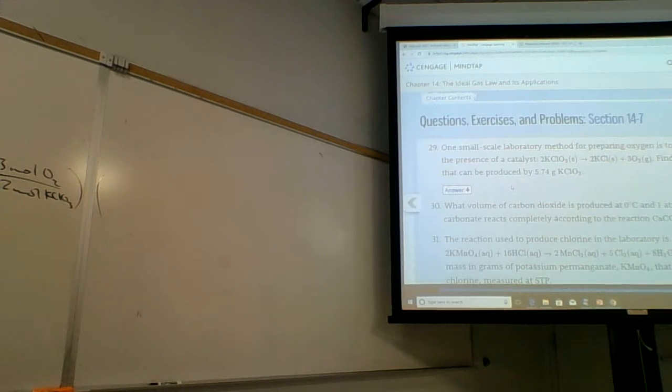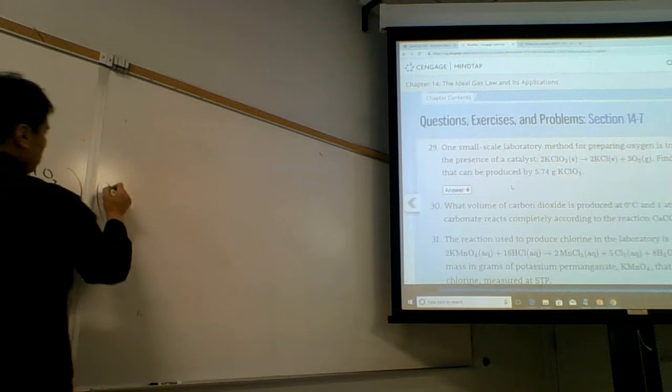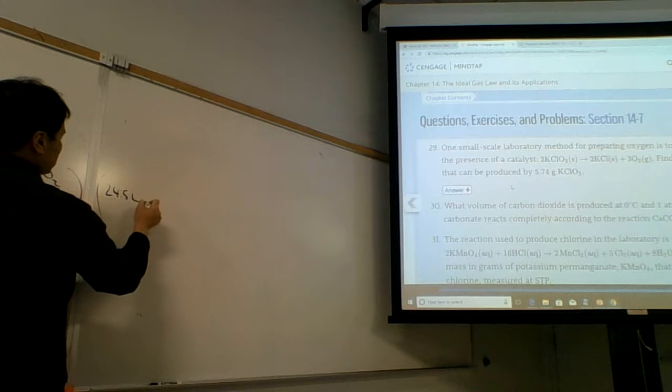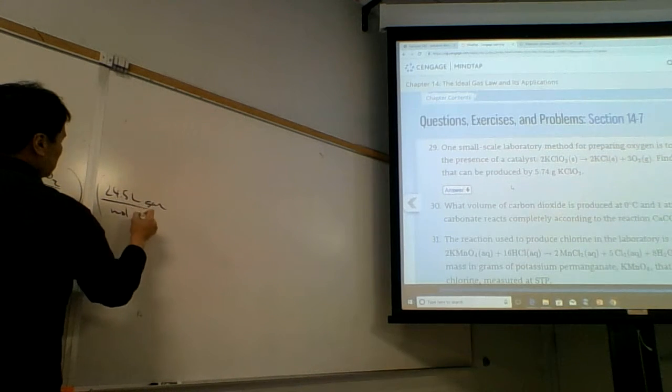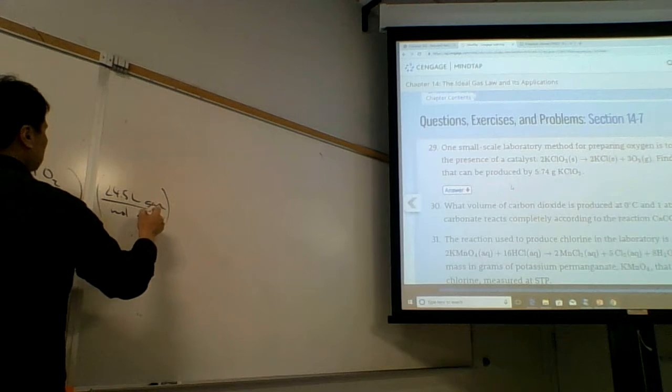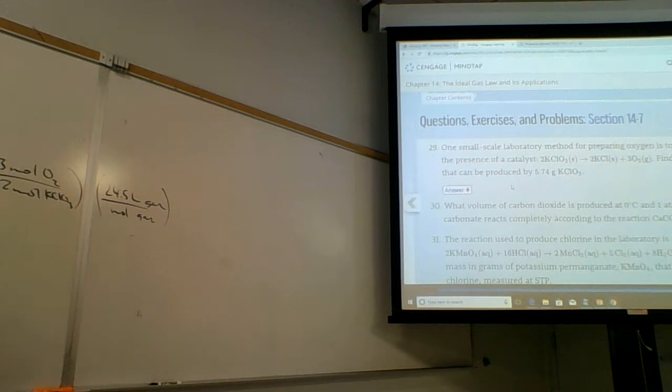All right, then we know that each mole of oxygen gas occupies 24.5 liters. 24.5 liters of any gas is a mole of gas. So here we could use that number we memorized, and then what's the answer?